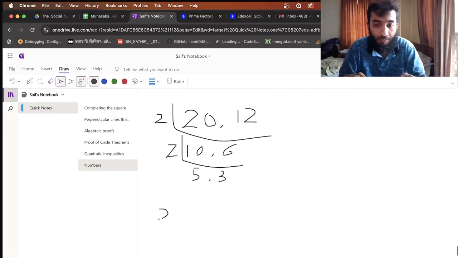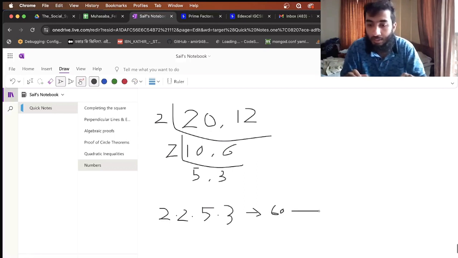So if I multiply 2 by 2 by 5 by 3, we get 2 2s are 4, 4 5s are 20, 20 3s are 60. So this is the lowest common multiple.